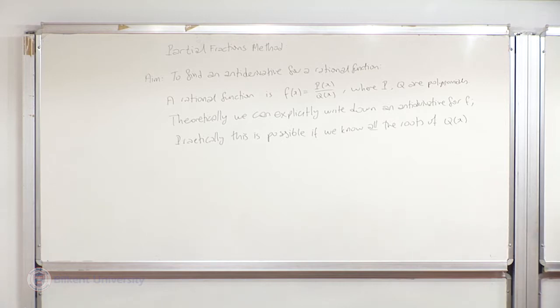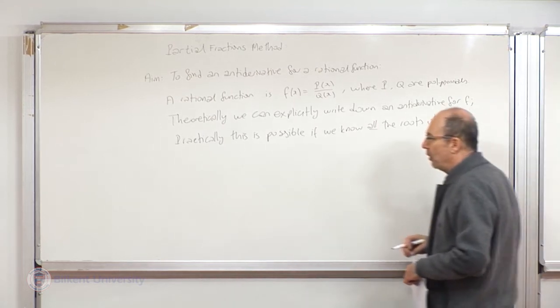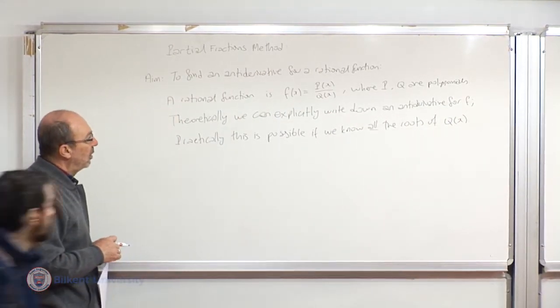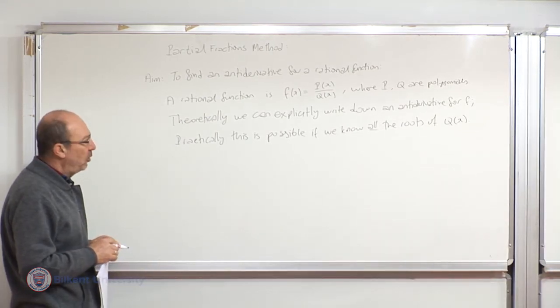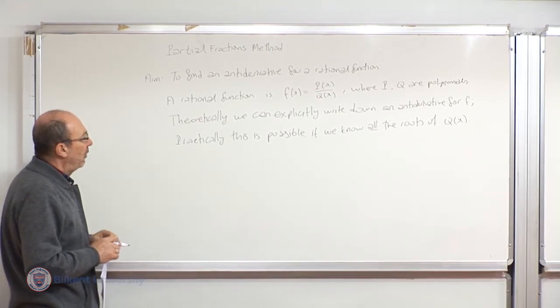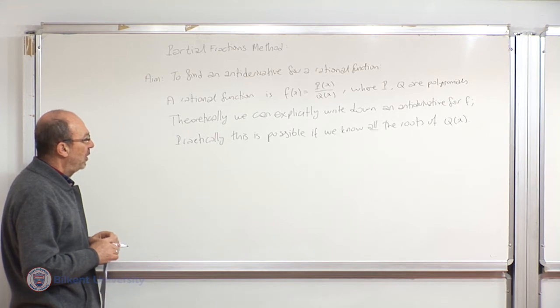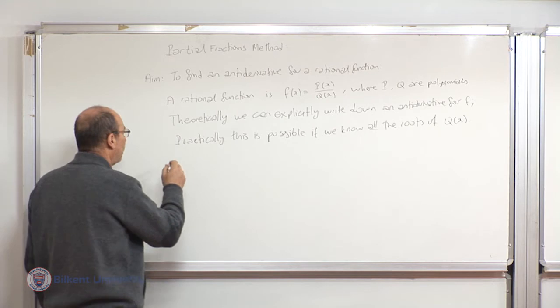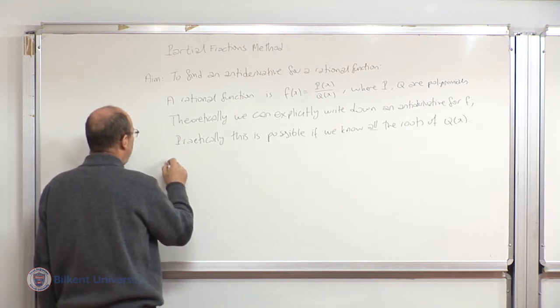Computers do that very fast. So you have to know what the computer is doing, so that when you give this problem to software, you know what you are doing, or if the software fails, you know why it failed.